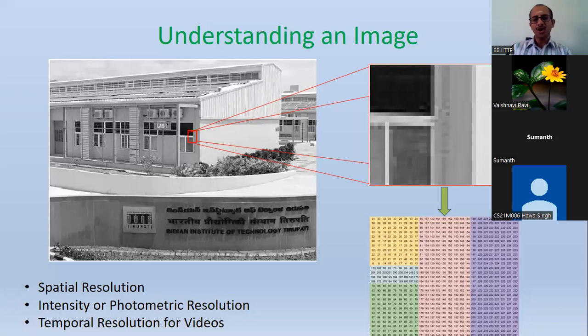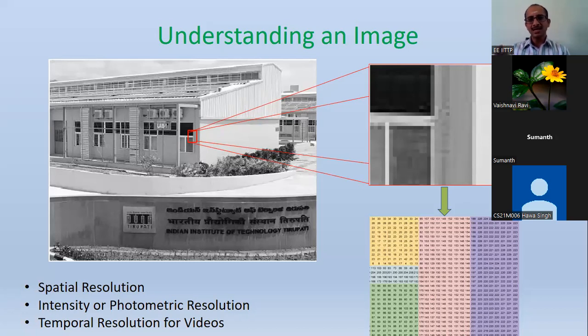And intensity or photometric resolution is the other important thing to understand in an image. Say I have measured the average intensity values, but what range should I put those values in? Should I put them in 0 to 255? Should I put them in the range of 0 to 1023? If I am able to use 0 to 1023, it means I am using 10 bits to represent a single pixel value.